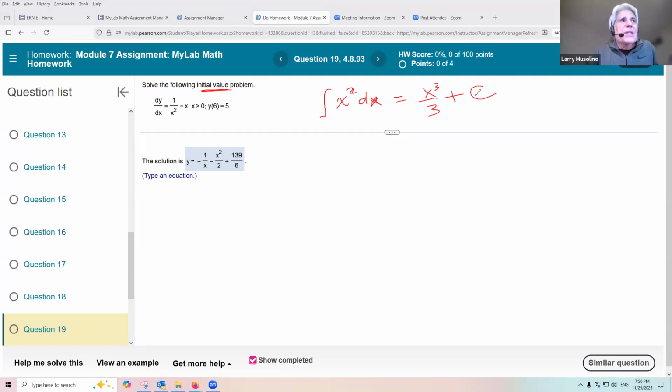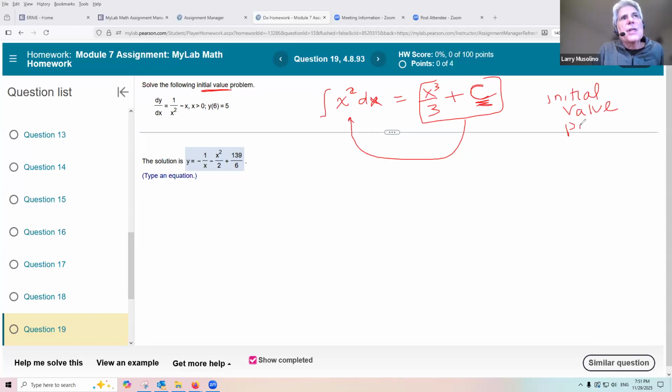The reason is if you were to take the derivative of this answer, you would get back to x squared, because when you take the derivative of any constant, that's 0. When they ask you to solve an initial value problem, they're going to give you enough information to solve for c. So they want you to find the actual numeric value for c.